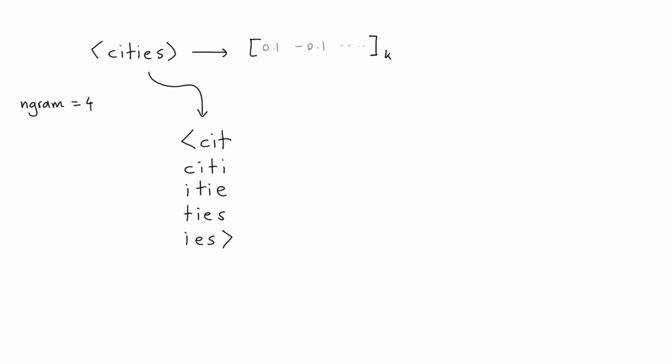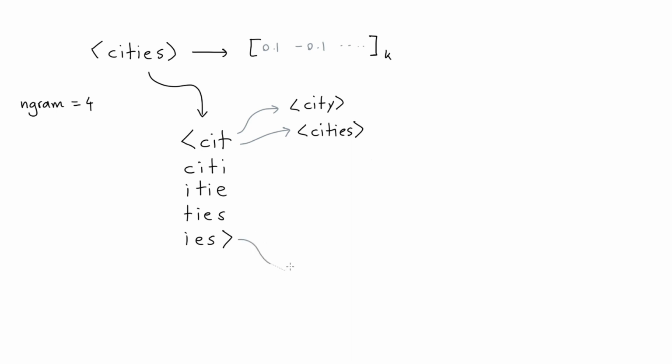If we look at these specific subtokens of the original word, I would like to make one observation as far as meaning goes, because these subtokens typically occur in more than one word. This one would occur in city, as well as cities, and it's clear that those two words have an overlap in meaning.